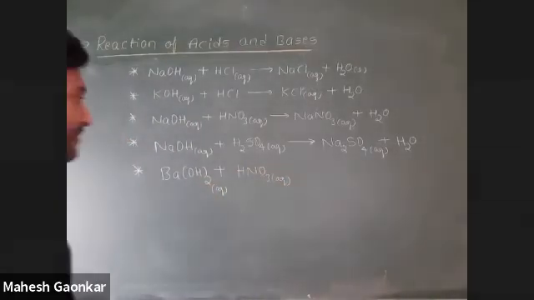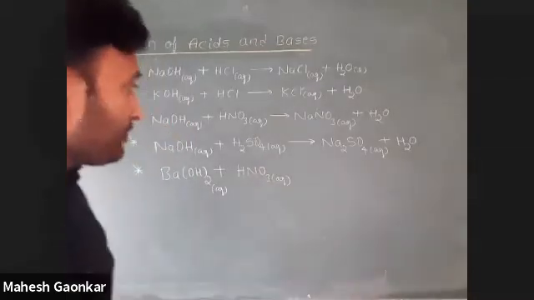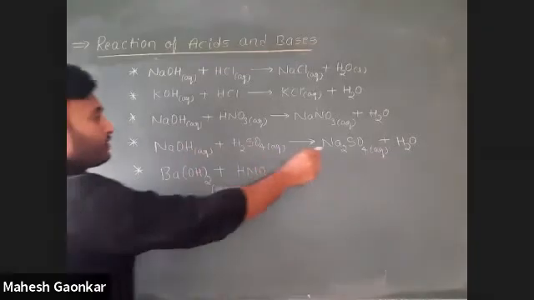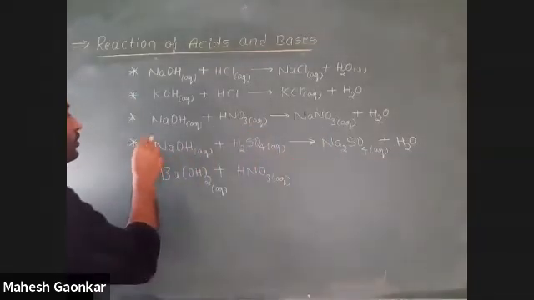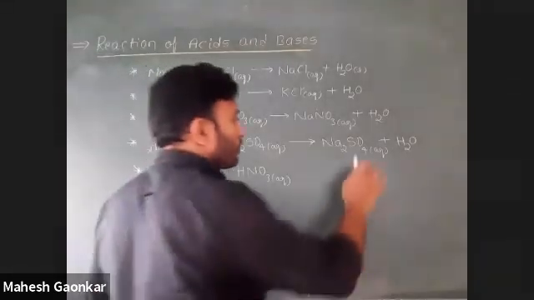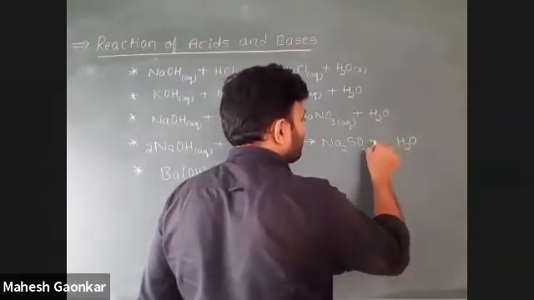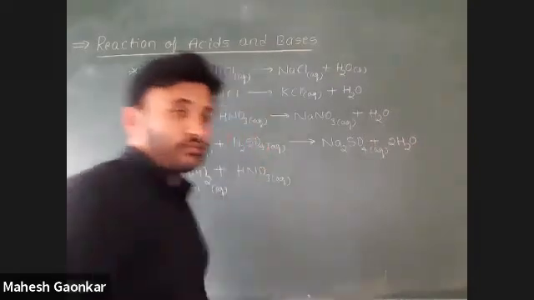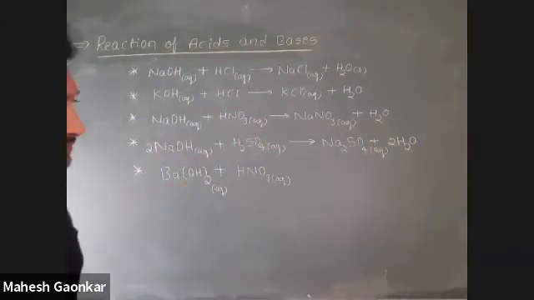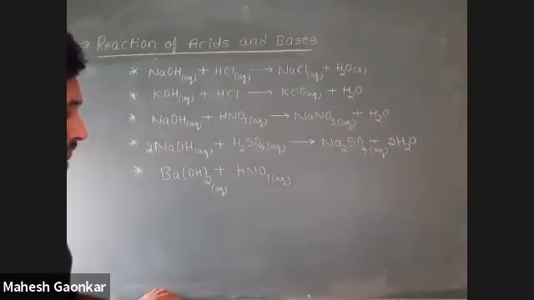Sir, is the above equation balanced? The above equation is not balanced, right, sir? Okay. Na2SO4 means 2 NaOH, then 2 H2O, right? Now it's balanced, right? Yes, sir, it's balanced.